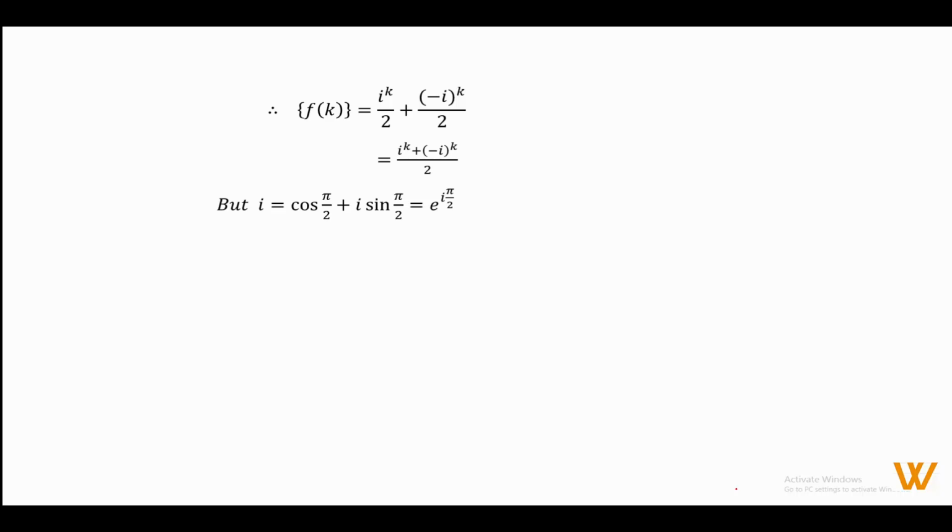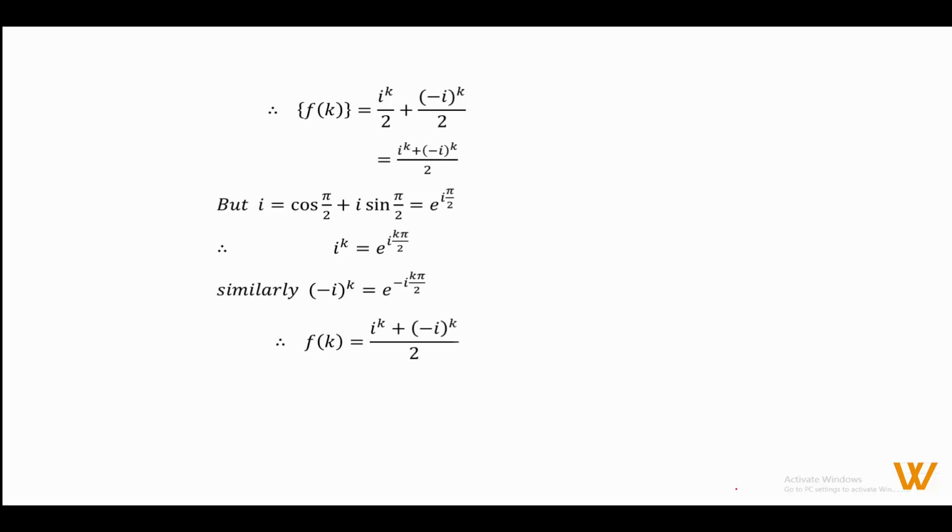Now this is in the form e raised to I theta, so e raised to I pi by 2, because we know e raised to I theta is cos theta plus I sin theta. Therefore I raised to k is e raised to I k pi by 2. Similarly, minus I raised to k is e raised to minus I k pi by 2.